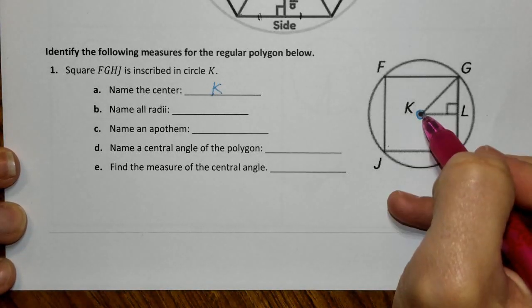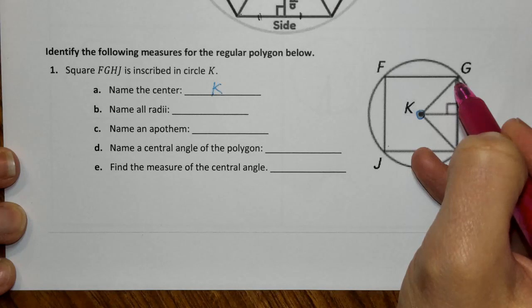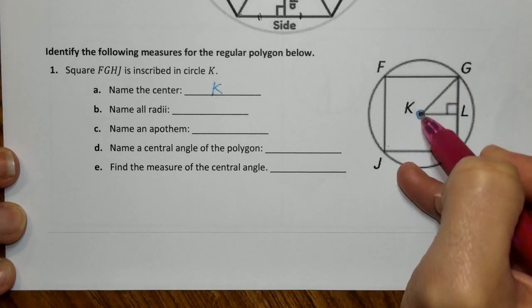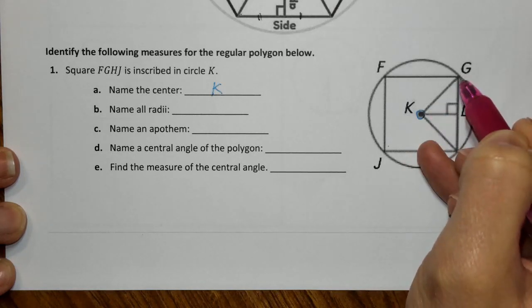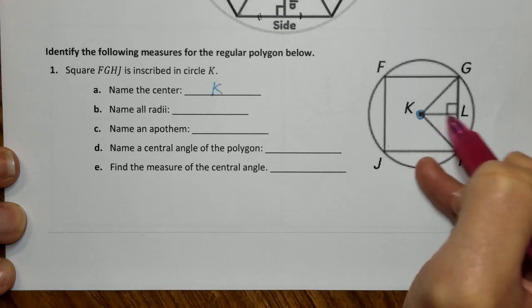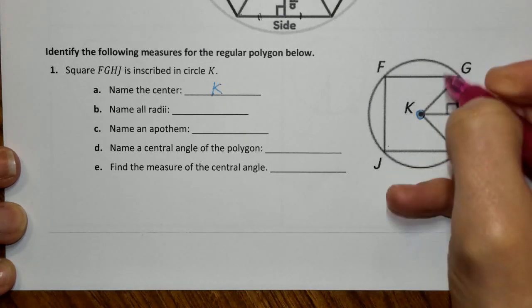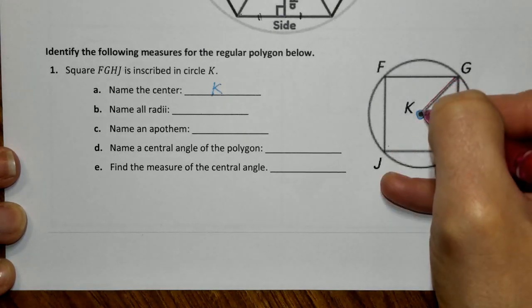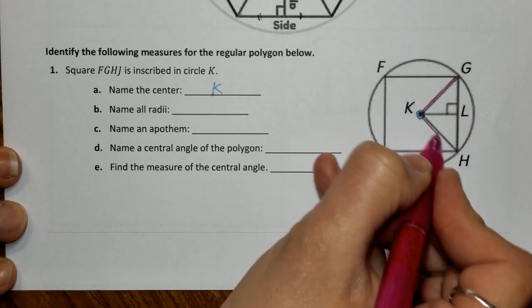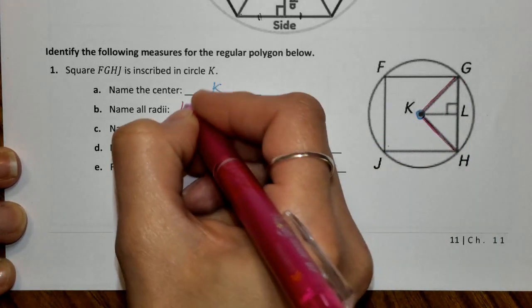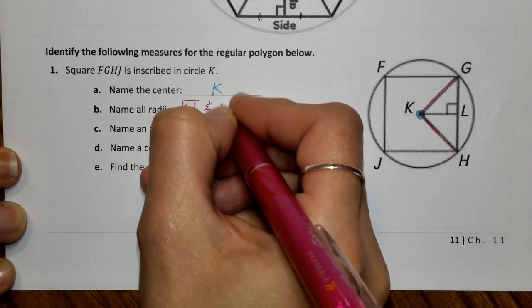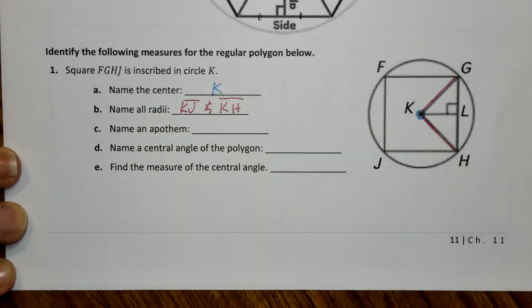We're going from the center to a vertex of the square. So we're also looking at how it goes from the center to the circle. This right here does not go to the circle. It does not go to the vertex, so it's not the radius. So we have segment KJ right here and segment KH. Make sure that we have these segment bars above it.